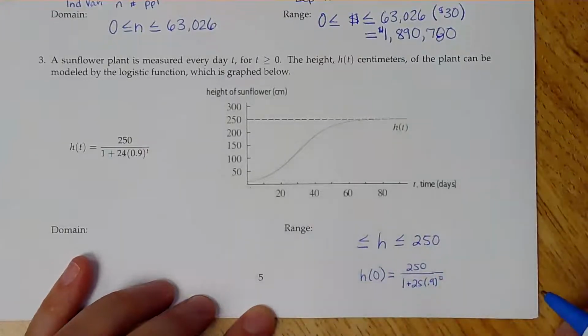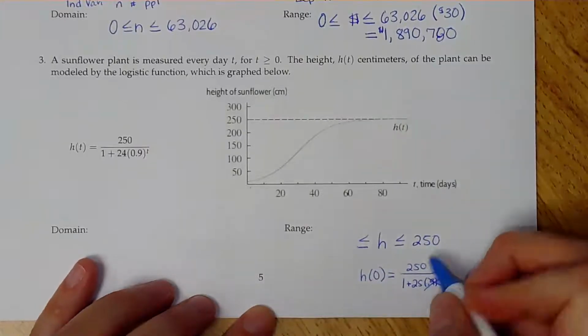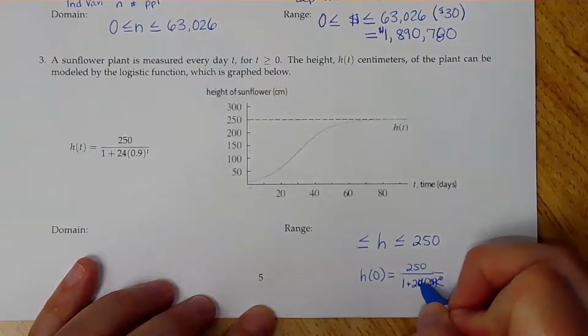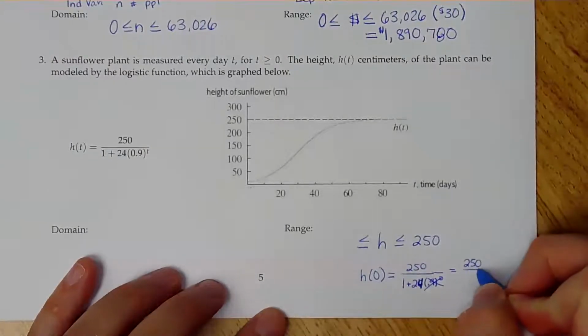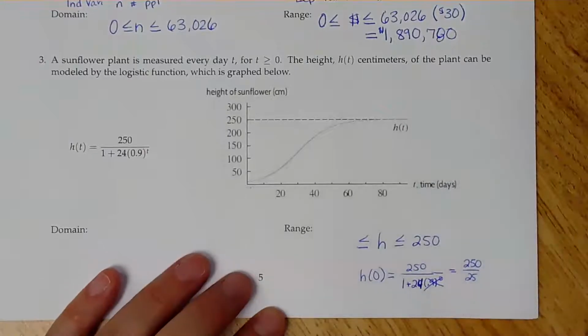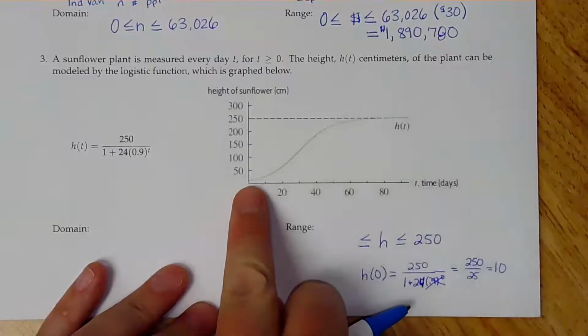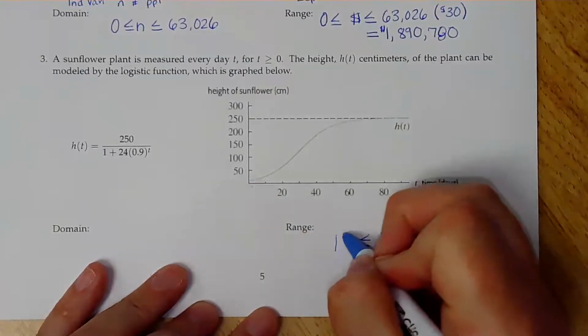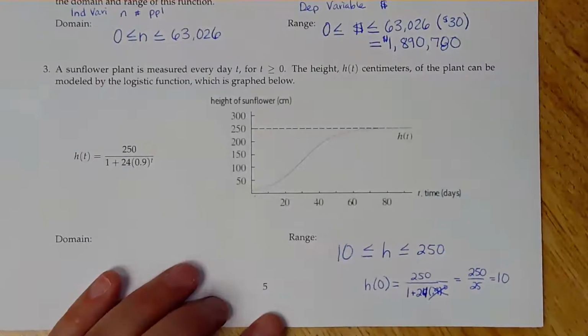Anything raised to the 0 is equal to 1. Oops, I copied that down wrong. My bad. So what I get is 250 over 25. If we divide that out, that's equal to 10. Looking at this picture, 10 seems plausible. So the lower end of the height is 10. So we're looking at between 10 centimeters and 250 centimeters for the range.